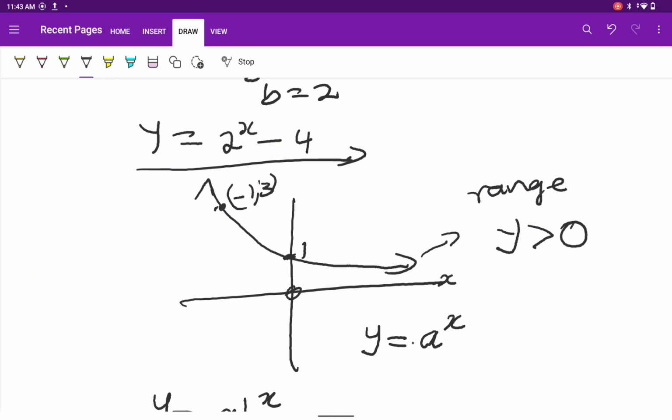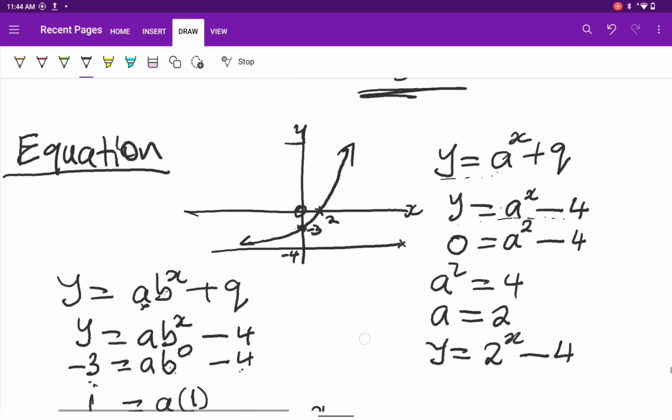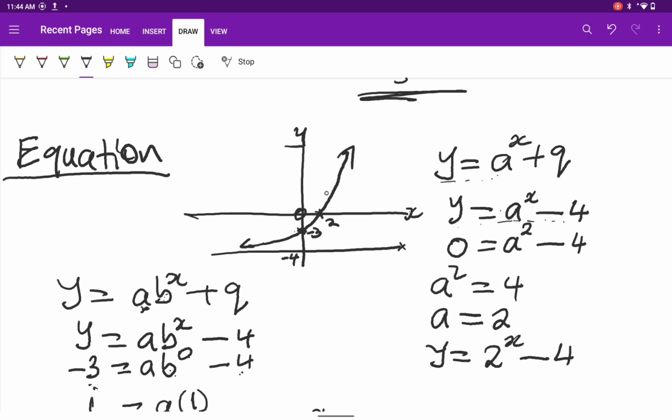So that is the range. Now let's look at that other one, this function here. The range of this function is also drawn above the asymptote, so we'll say the range is y is greater than -4. So that is the range of this graph here.